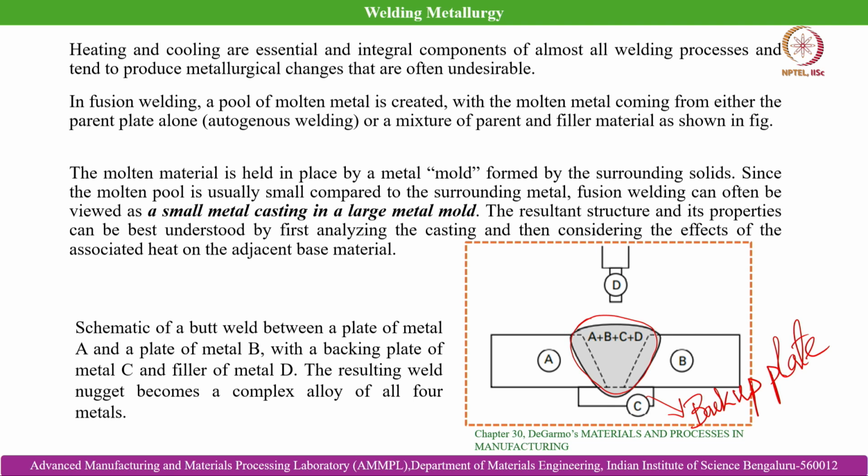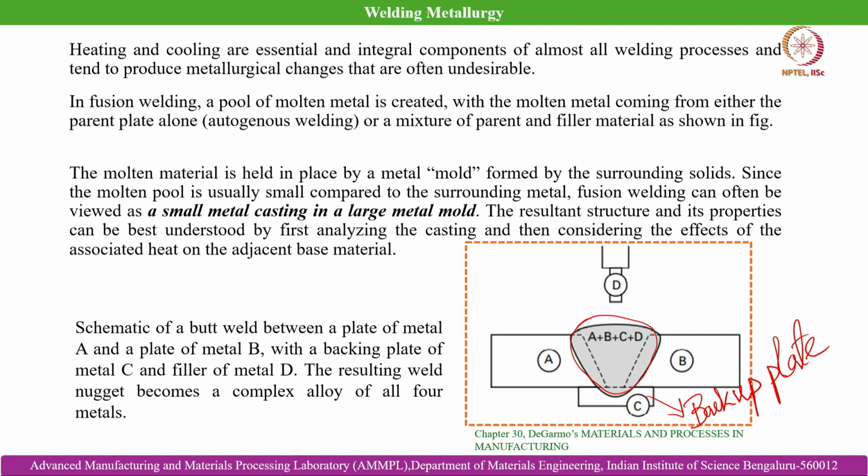When the filler metal is added, the weld pool which is formed and then solidifies at the adjoining location of the original plates will have a composition that is a combination of A, B, the back plate C, and also the filler metal D. Why is it so? Because this is a case of fusion welding, where there is fusion of both the adjoining plates experiencing joining.